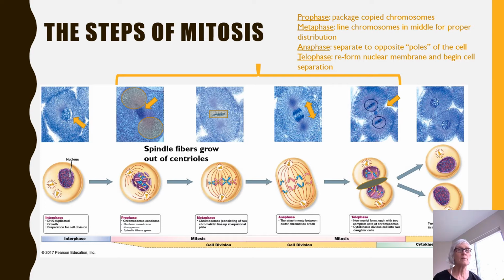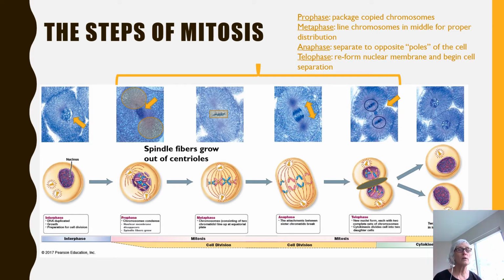So at the top of this slide, you can see a summary of each of the phases of mitosis. Prophase, where the copied chromosomes are packaged, the nuclear envelope dissolves, and the spindle fibers form. Metaphase, where the chromosomes line up in the middle so that they can be properly distributed.